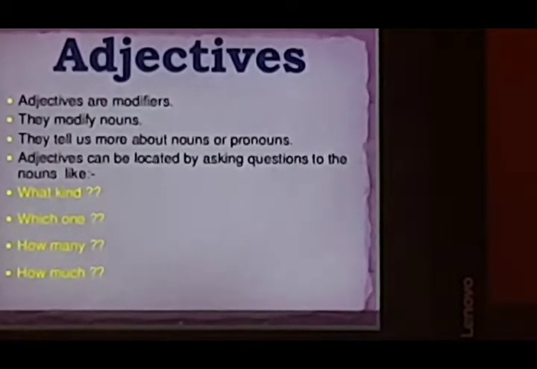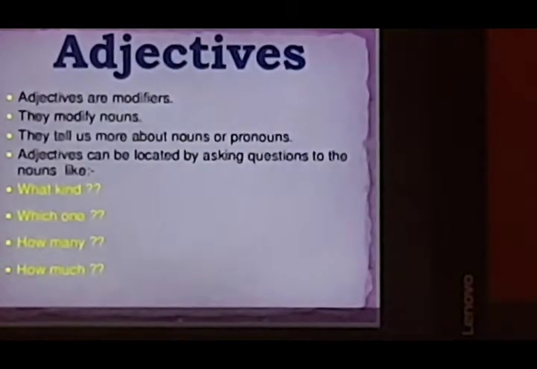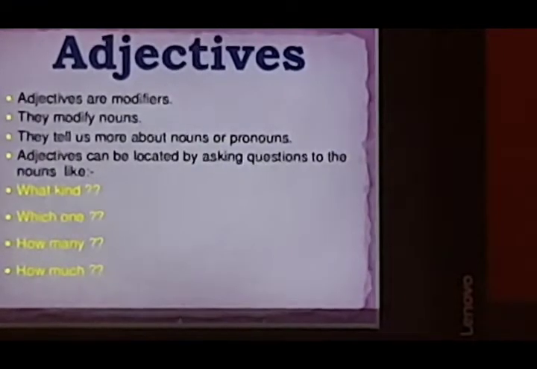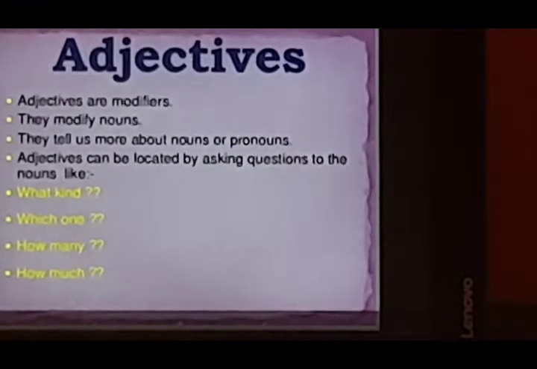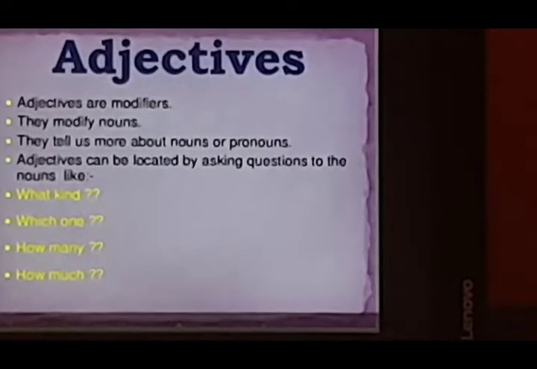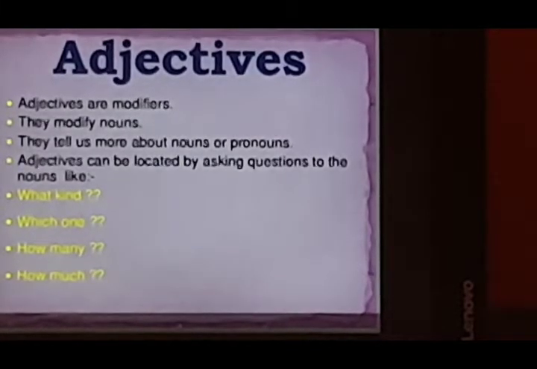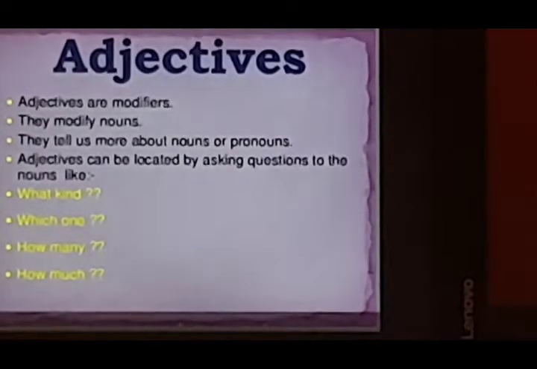So all those words which were highlighted in the previous pictures are describing words. And what were they describing? They were describing nouns, or modifying nouns. They were telling us something about the nouns.